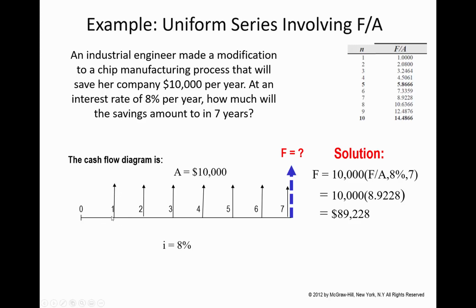How many years is it compounding? 1, 2, 3, 4, 5, 6 time periods to get it to the 7th year. And so then this $10,000 only is going to compound 5 years. And this compound 4 years into the future. And so all of that compounding effect is taken into account when we want to find the lump sum future value equivalent of it.